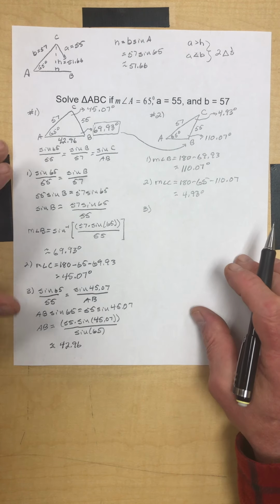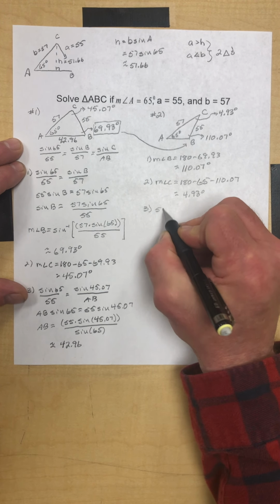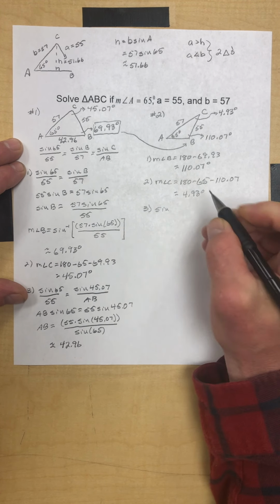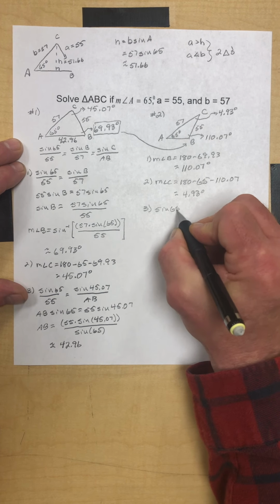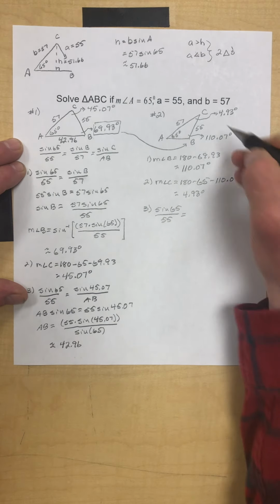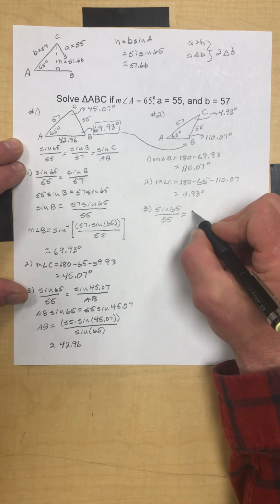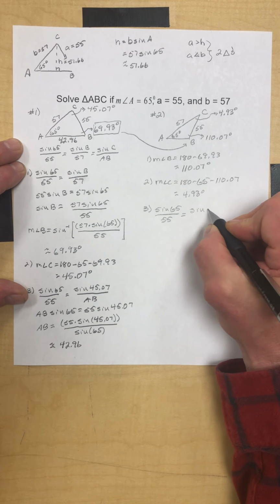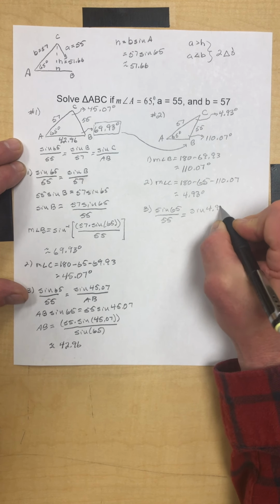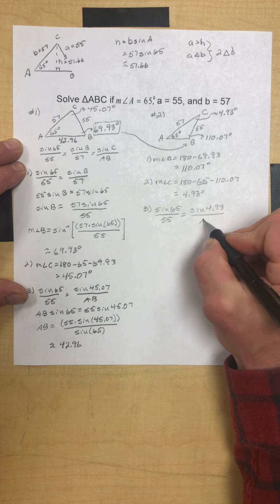So again, go back to my sine of 65 over 55, and set that equal to the sine of angle C over AB. We know the measure of angle C, so it'd be the sine of 4.93 over the side opposite angle C, which is AB.